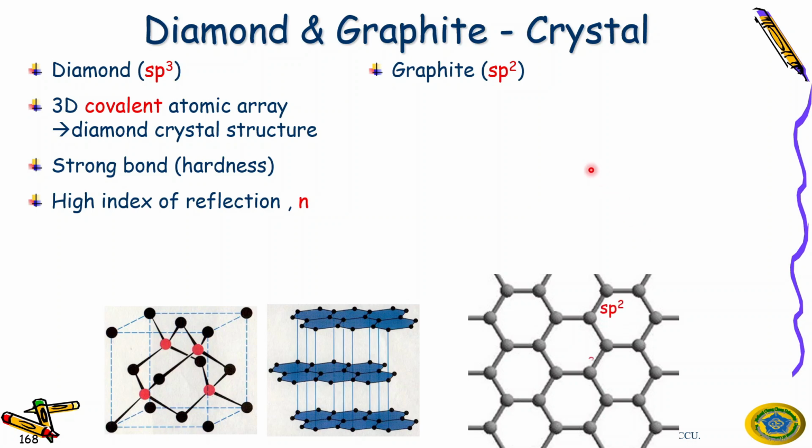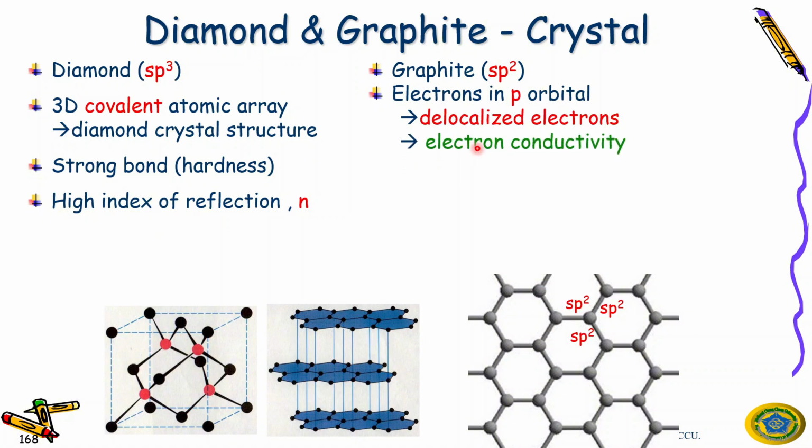Okay, and because of sp2 hybridization, you have free p orbitals here. And the p orbitals have delocalized electrons. So delocalized electrons result in electron conductivity.